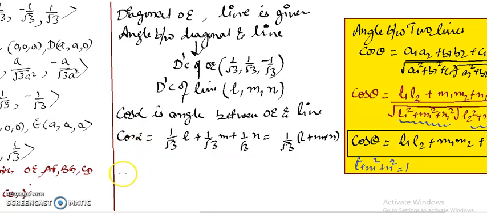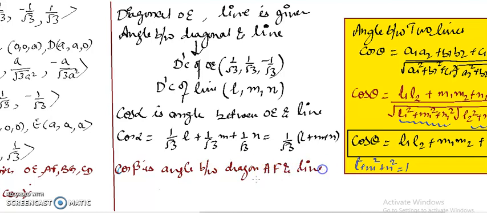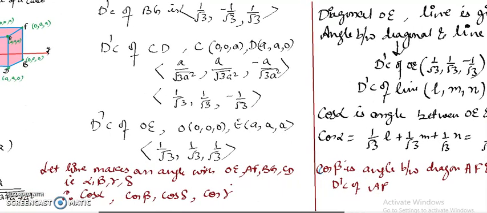Similarly, cos beta is the angle between diagonal AF and the line. Let us see the DC of diagonal AF.